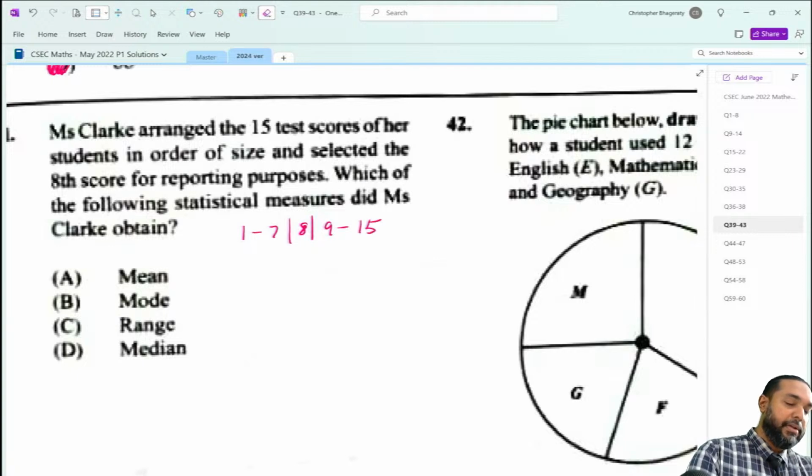This is literally 7 items here. 9, 10, 11, 12, 13, 14, 15. So that's also 7 items. And I have 1 in the middle, right? So the median cuts the data set into 2 equal halves. So it's the same number of data points before the median as after, right? So that's the median.